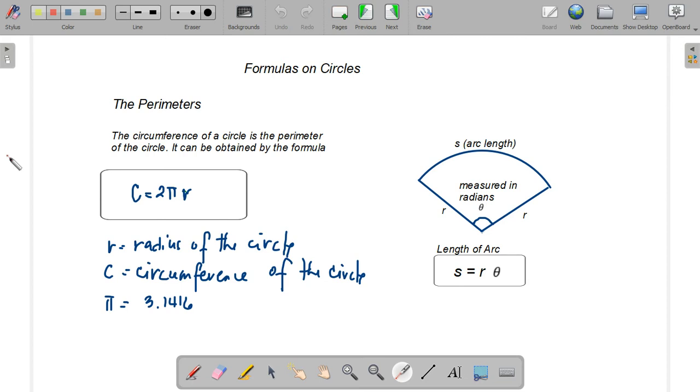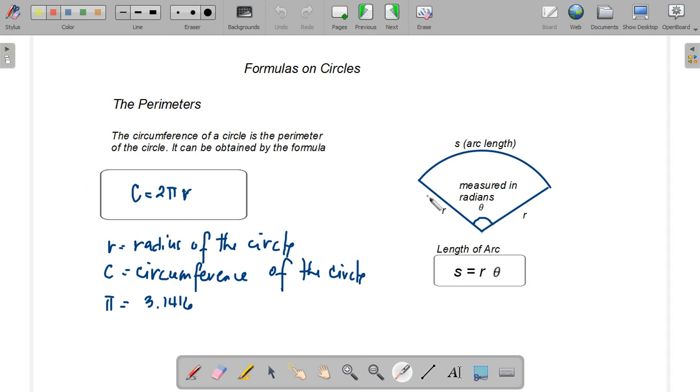I mean, the circumference of the circle is the perimeter of the circle. So it can be obtained by the formula C equals 2 pi r, where C is the circumference of the circle, r is the radius of the circle, and pi, we consider pi to be 3.1416.